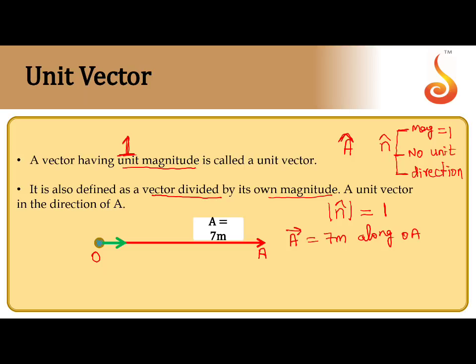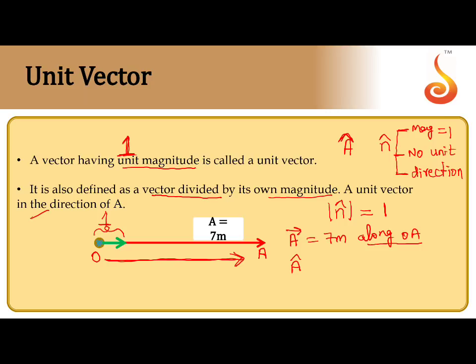Now I want to define a unit vector along the direction of OA. Observe this vector. This vector has a magnitude equal to 1, but it is directed along OA. This vector is called A cap. A cap is a unit vector along OA.